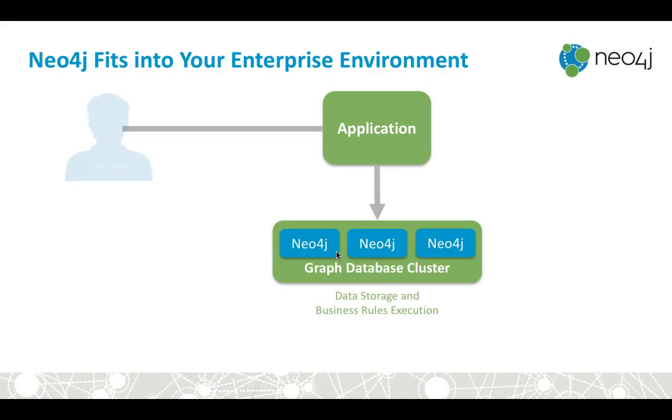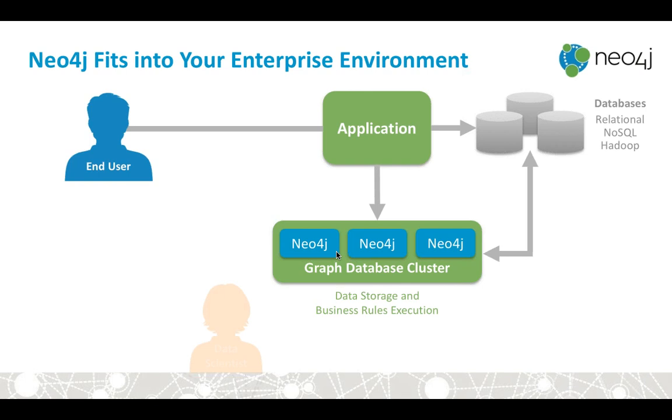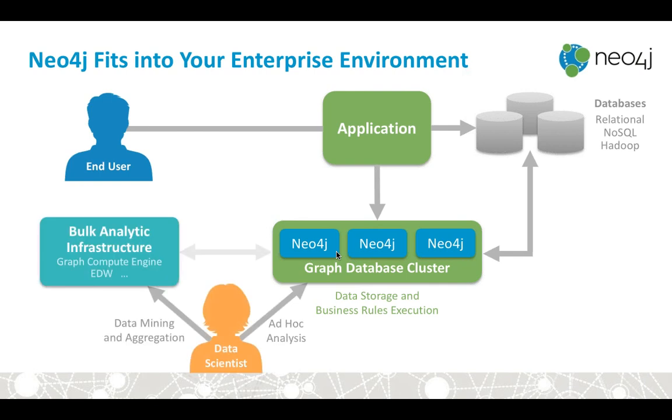So we just talked a little bit about polyglot persistence, but let's talk about how your applications fit with Neo4j in your enterprise environment. Your application connects to a graph database cluster, you have an end user accessing your application, and then you might have other databases, whether they be other relational databases or other NoSQL databases or Hadoop file systems that store your data.